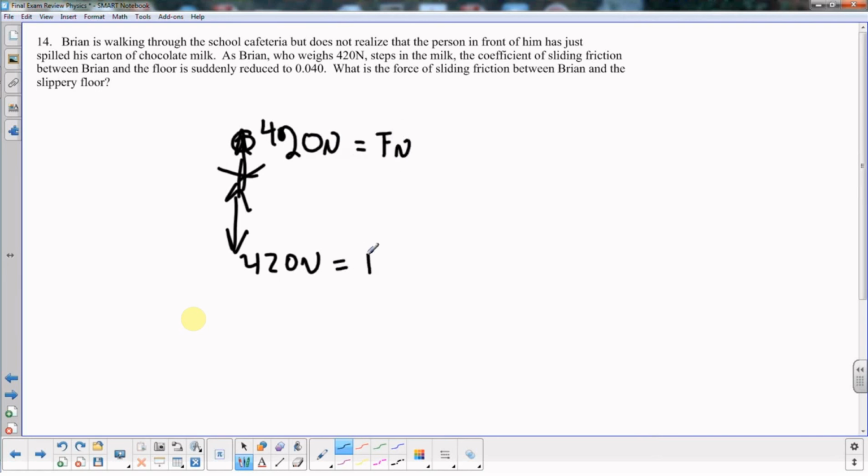Jumps on the milk. Coefficient of sliding friction between him and the floor is 0.04. What's the sliding friction? So we're looking for Ff, and we are dealing with mu times normal force. I give you a mu of 0.04.